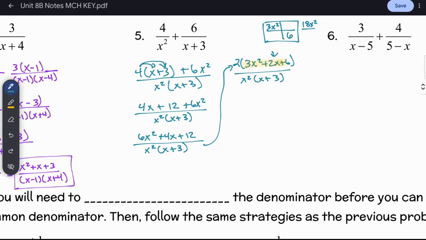So let's think about that. Our options for 18 are 1 and 18, 2 and 9, 3 and 6. There is nothing here that is going to add to give me 2. And what that means is that this doesn't factor. And if that doesn't factor, we can't cancel because there's no cancellation without factorization. And that means that this is our answer.